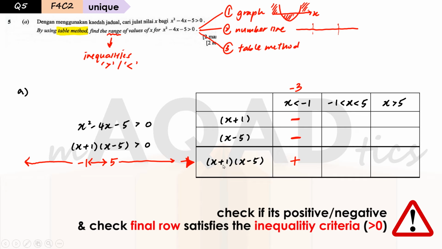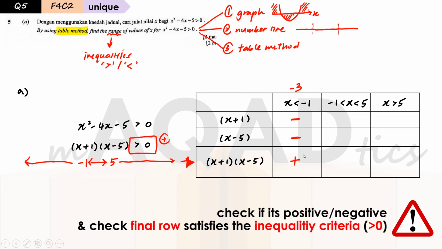Back to our inequality, it is greater than 0, because this is our condition, when we multiply, it must be greater than 0, meaning it must be positive. Here we see a positive value, so x less than negative 1 would be our answer, because it is positive.